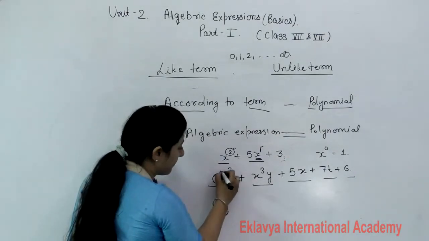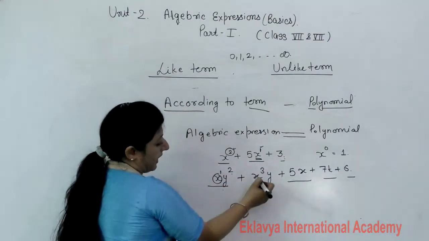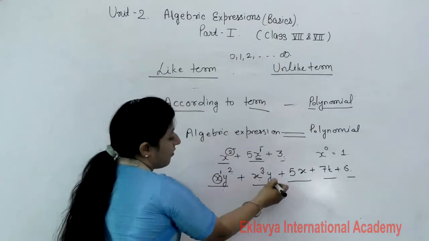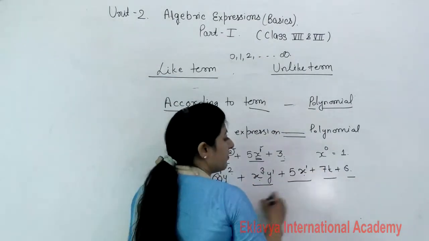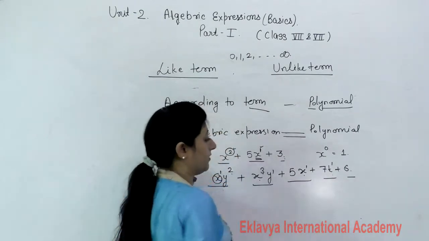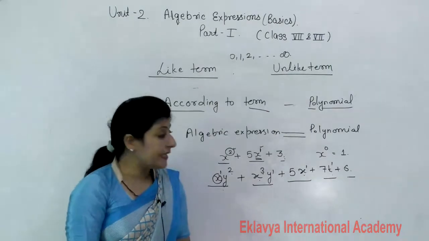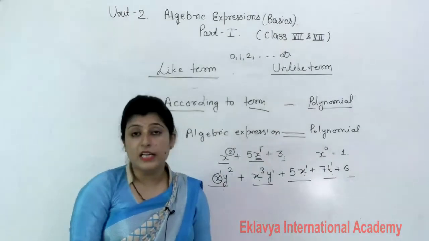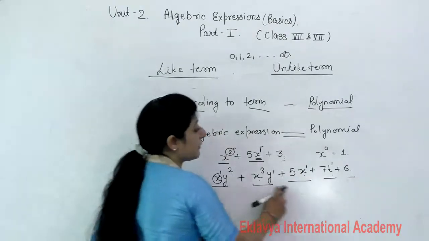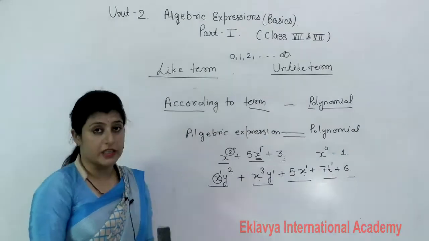Here the variable power is nothing, it means 1. This variable power is 2, x variable power is 3, y nothing, it means 1. Here x only 1, t only 1, and the constant, it means you can take 0. So the power of all the variables is a whole number. That's why this algebraic expression is called a polynomial.